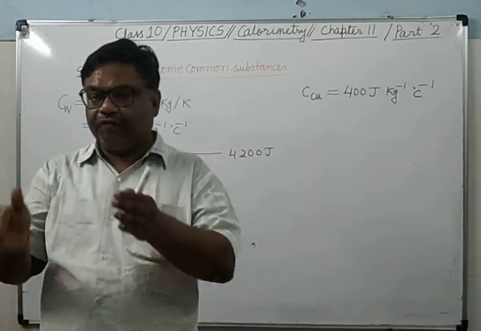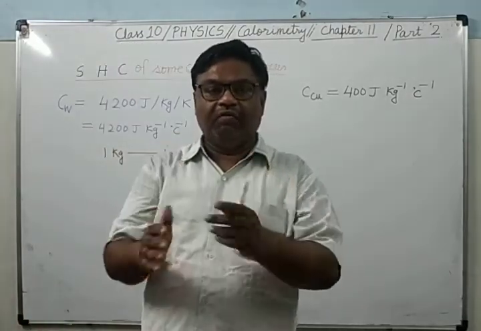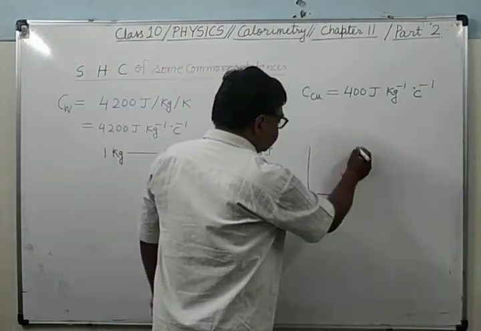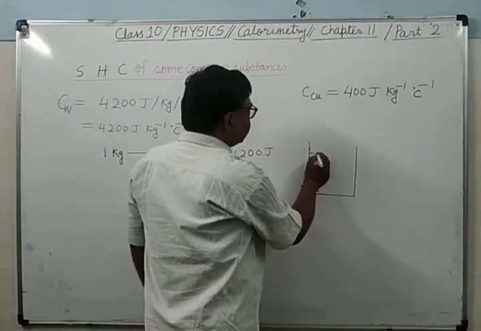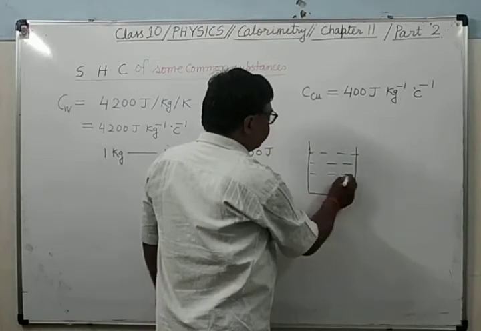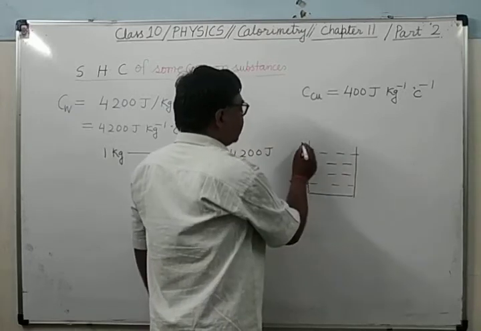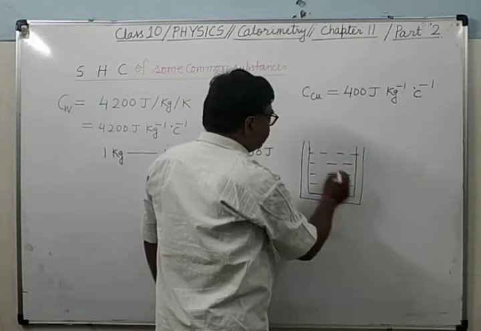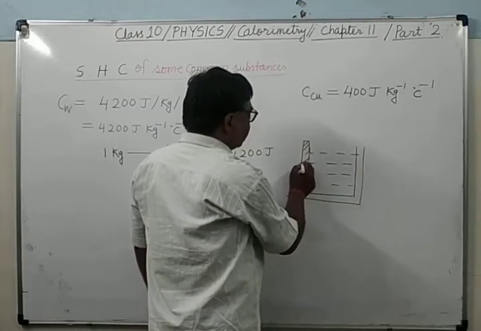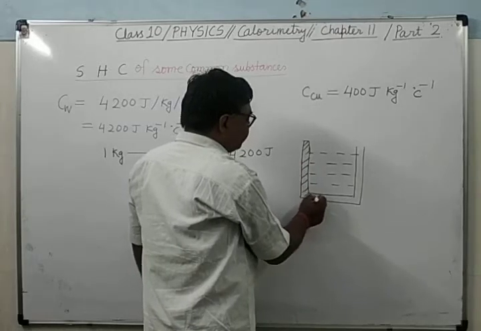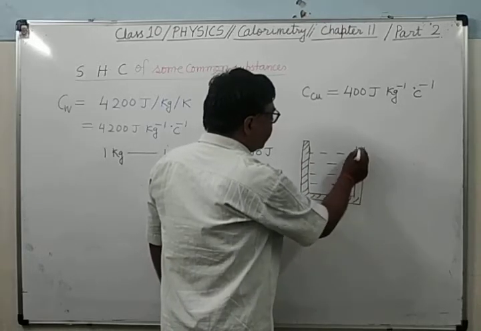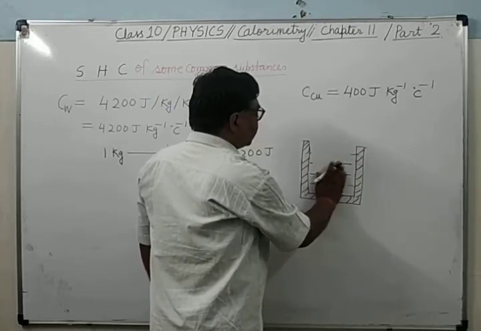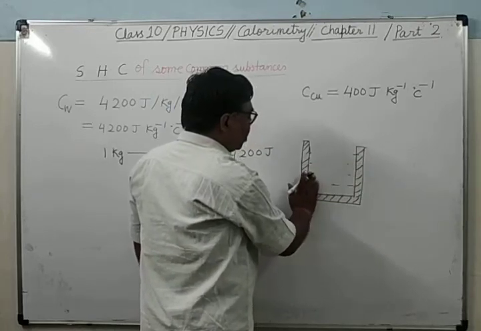Now suppose you have 1 kg of water in this container, and this is a copper container. The container is made up of copper. Here we have assumed that the mass of the container is also 1 kg, and it contains 1 kg of water.